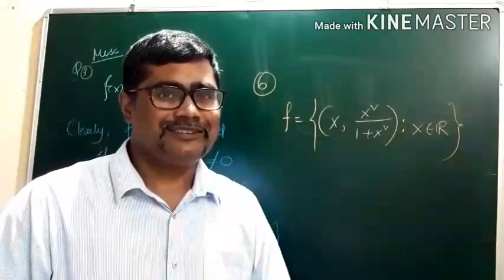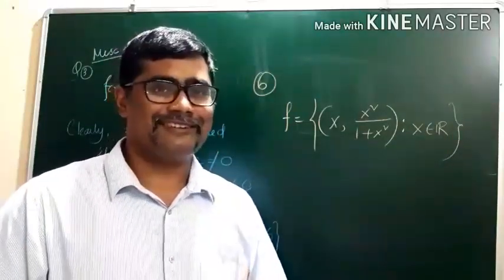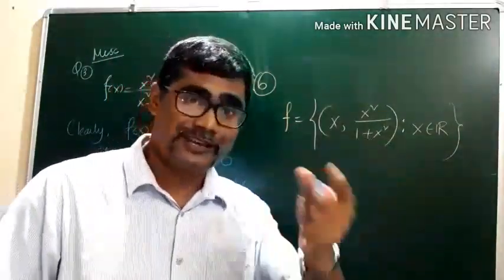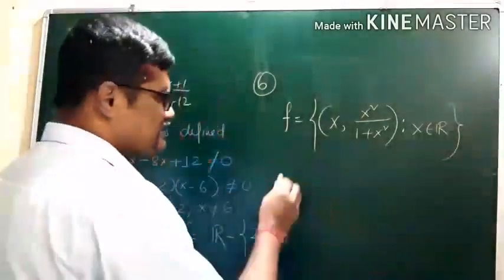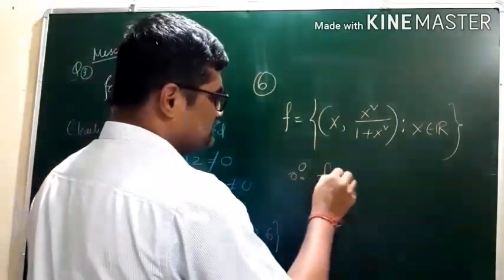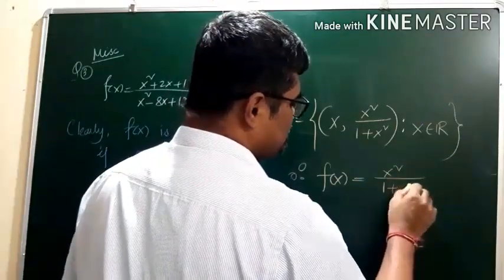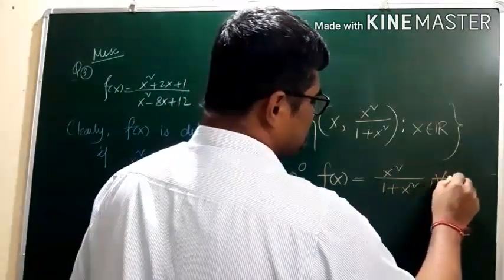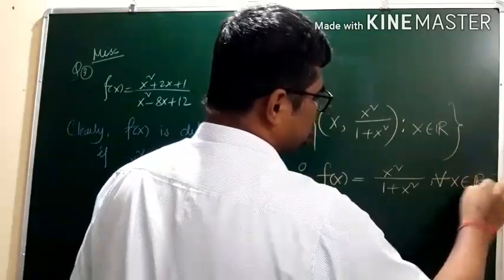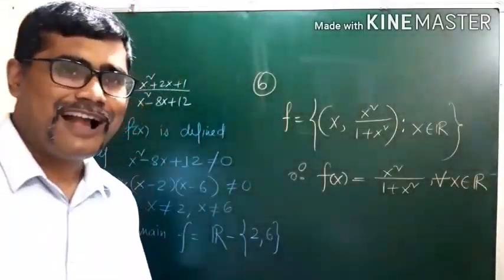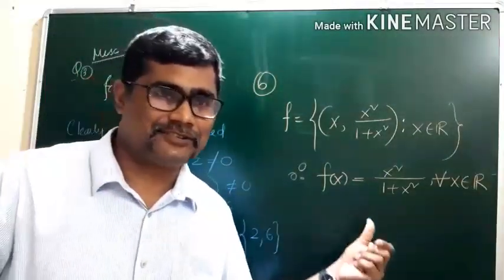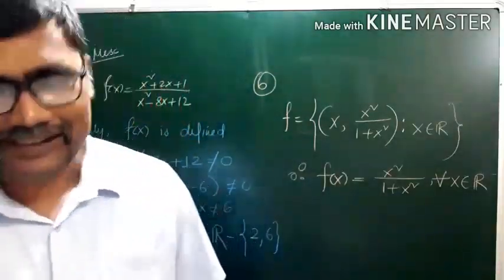That means f(x) is this, because y and f(x) are same. So I can write, therefore, f(x) equal to x square divided by 1 plus x square for all real numbers. So now I got the function's conventional expression.